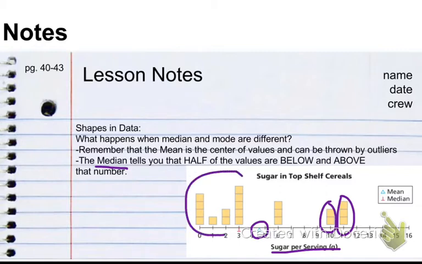A majority of our values, we find, are going to be around 3 or 2 or 1 or even 0 grams of sugar per serving. We notice that a lot of these values are down here, and only this relative few are so far off the chart in this one direction that they are throwing off our data.